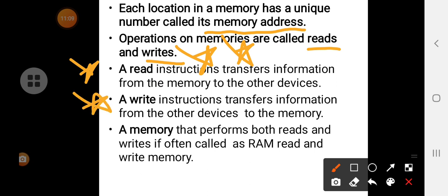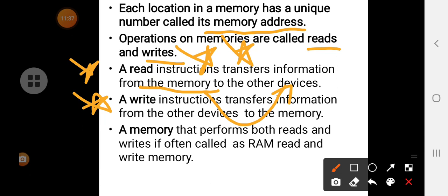A read instruction transfers information from memory to other devices. Read means we are just reading, that is, from memory, in the sense of ROM or hard disk, to other connected devices like a pen drive, for which the instruction is stored.